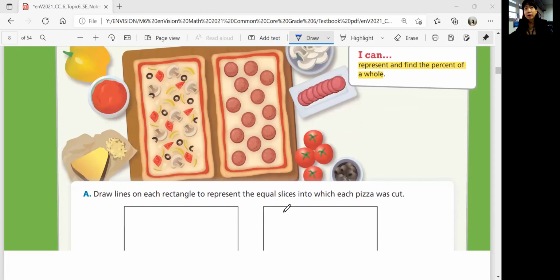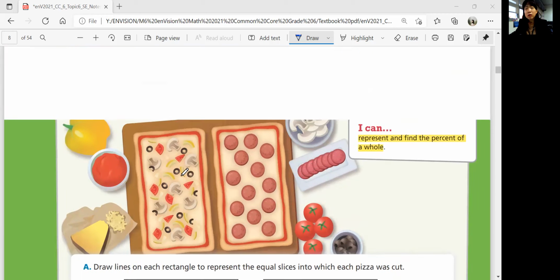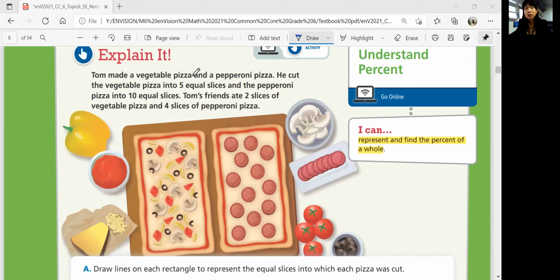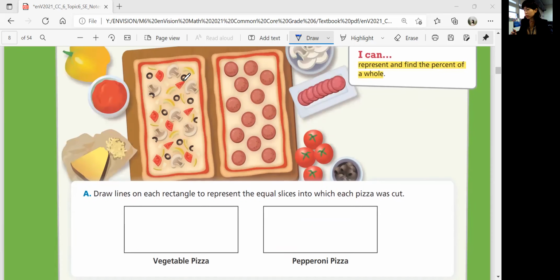Let's see our questions. Part A, draw lines on each rectangle to represent the equal slices into which each pizza was cut. So how was the veggie pizza cut? It was cut into 5 equal slices. Okay. So let's draw 5 equal slices.